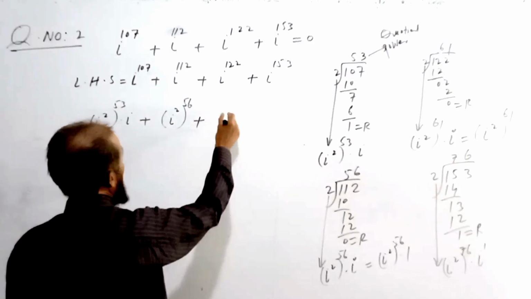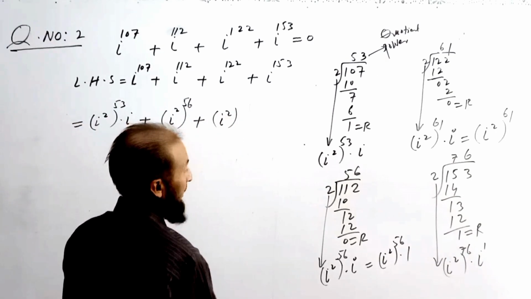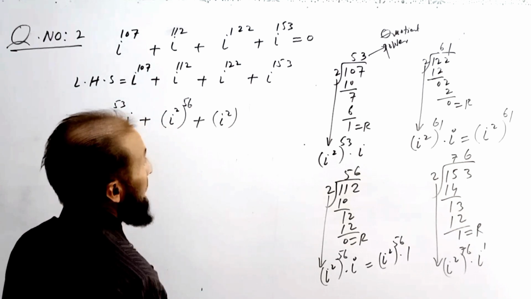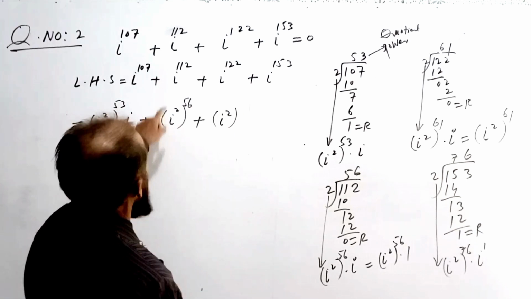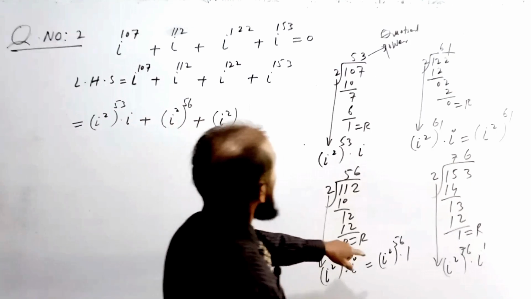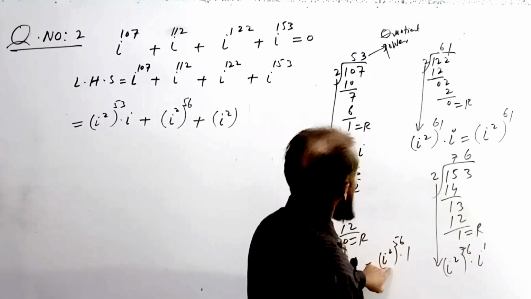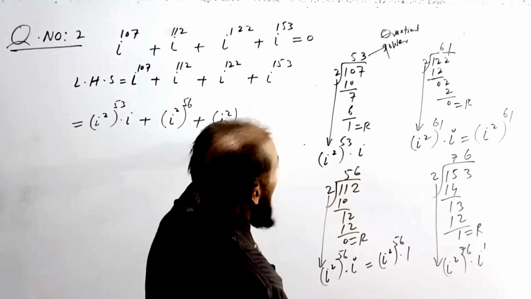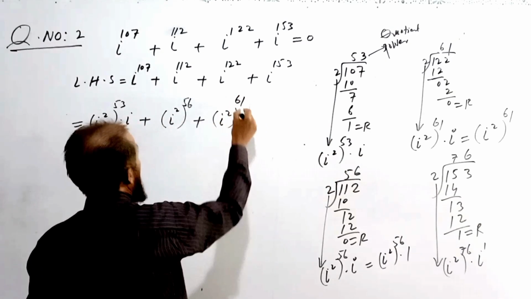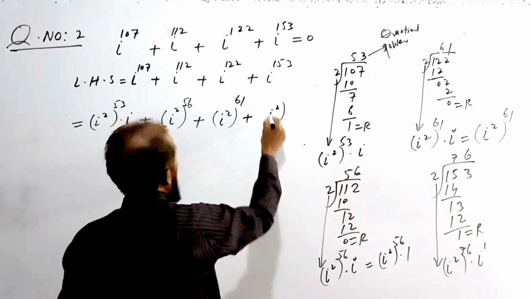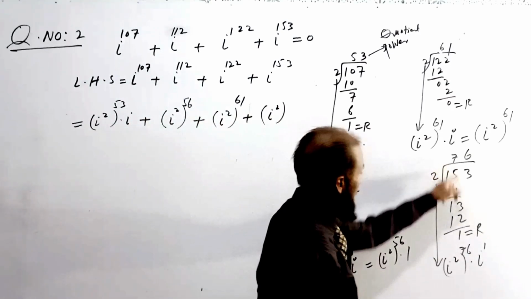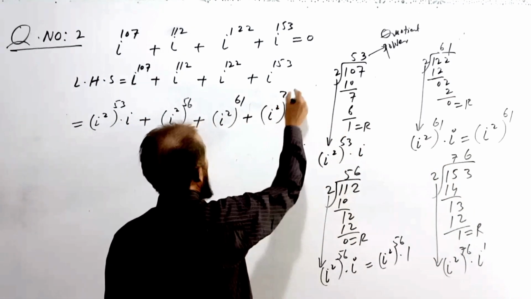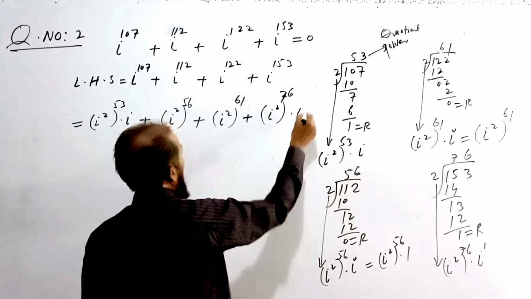Similarly, iota square, here we can write 112 56, this one, and 122 we can write iota square 61 plus iota square 153, we reduce power 76 into iota.